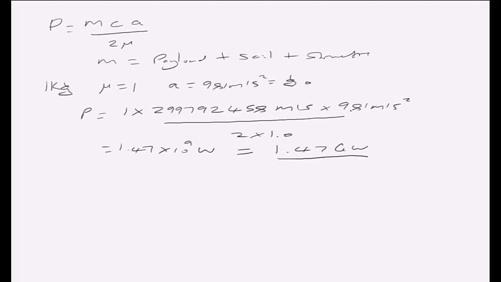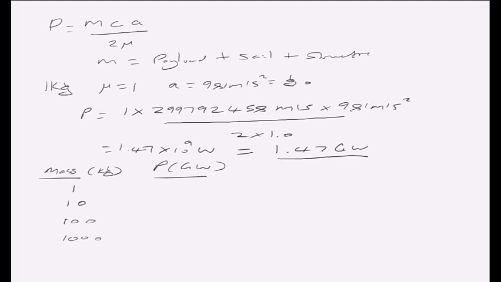Just to show some other examples, if we had different masses in kilograms, so let's do 1 kilogram, 10 kilograms, 100 kilograms, 1,000 kilograms, which is 1 ton. And so calculating the power requirement for these systems in gigawatts.